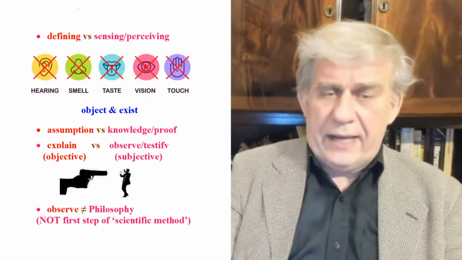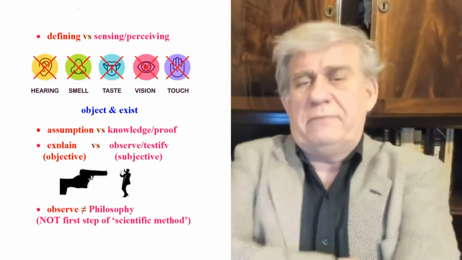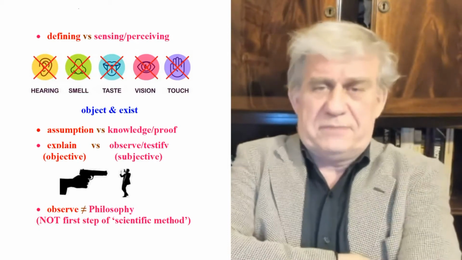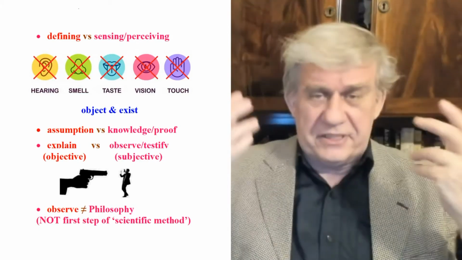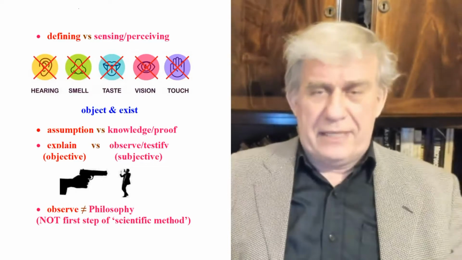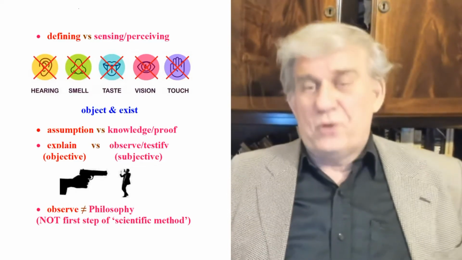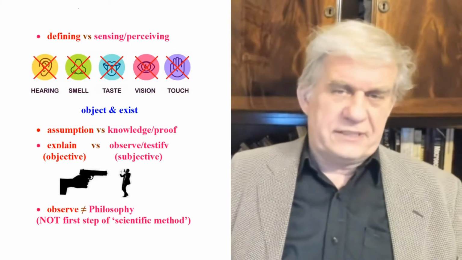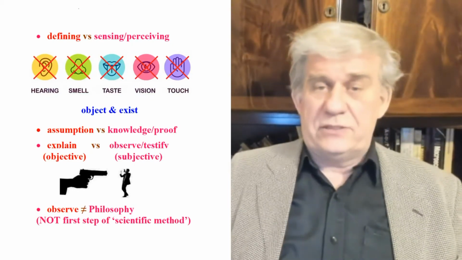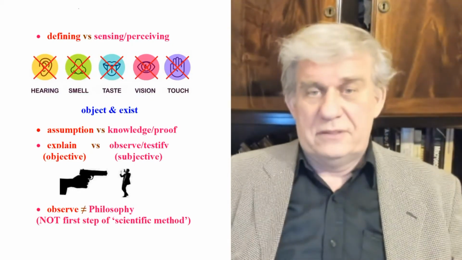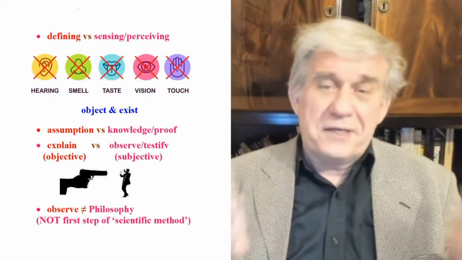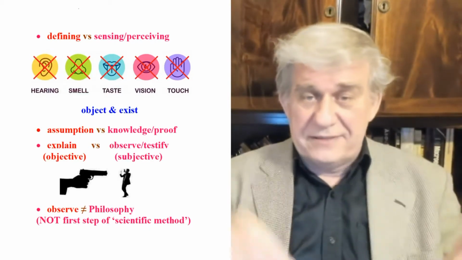And then there's the issue of explain versus observe. People say, well, don't you need to observe a phenomenon before you can explain it? That's their reasoning. That's what they've been taught by the mathematical physicists, so-called physicists. They're just mathematicians. They know nothing about physics. And what these people say is, you have to measure. And of course, if you have to measure, then you apparently are going to need the eyes, at least, maybe your hands, right?